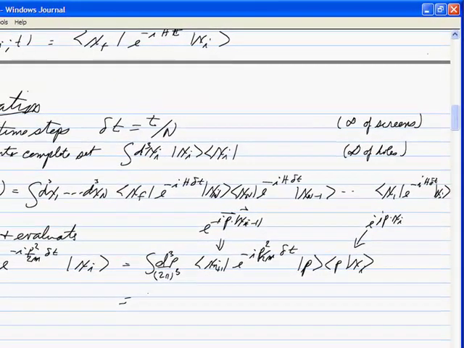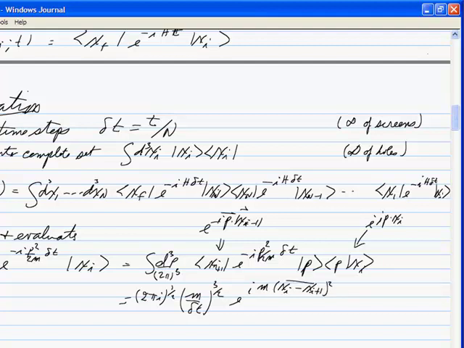And this then turns into (m/(2πiΔt))^{3/2} e^{i m (x_i − x_{i+1})²/(2Δt)}. Okay, so this thing that's an operator matrix element just turns into that number.